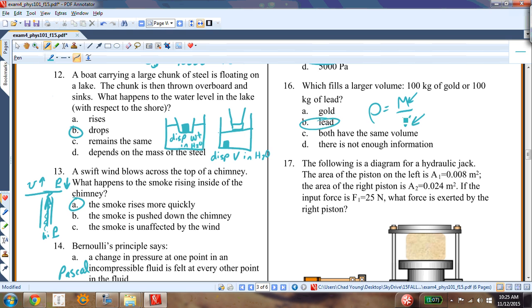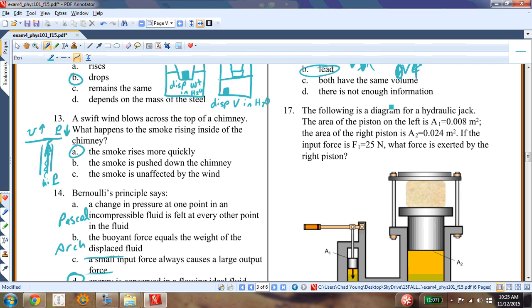If V is big, because that's what I'm looking for, a big volume, that means rho goes down. So I'm looking for the less dense, which is lead here. So 16 is B.